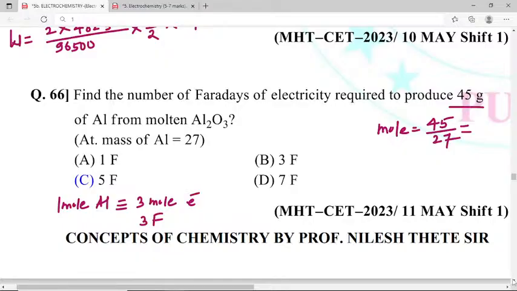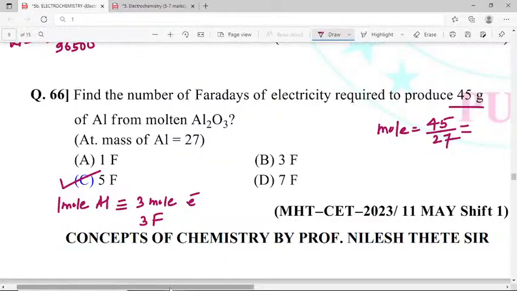So how much? 45 divided by 27 times 3, okay, 5 Faradays.